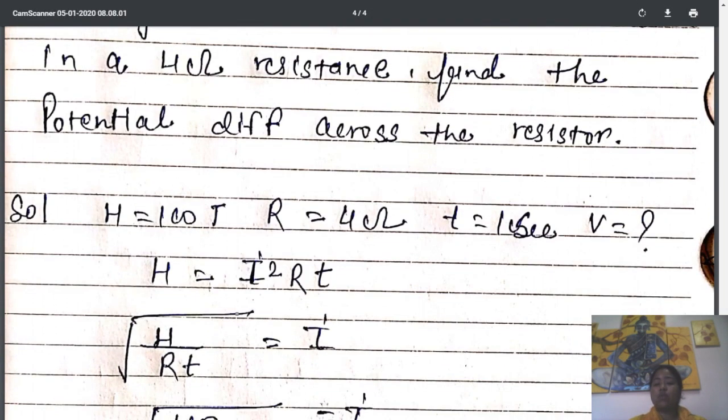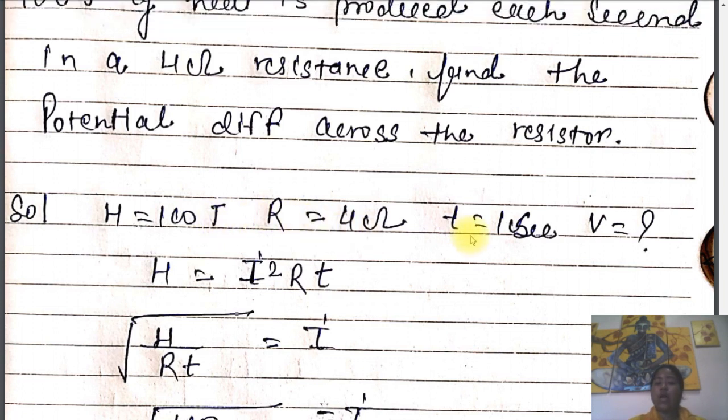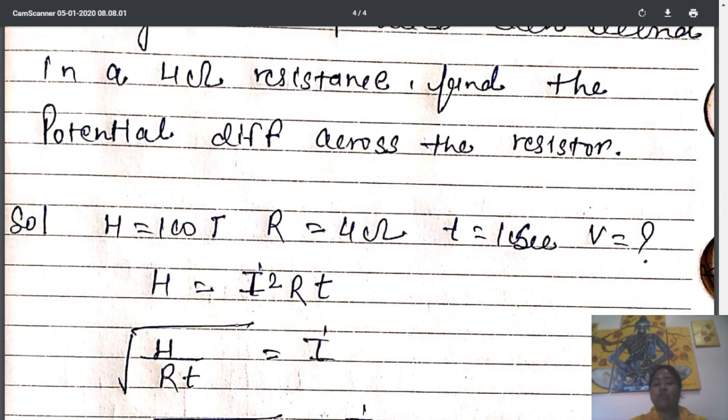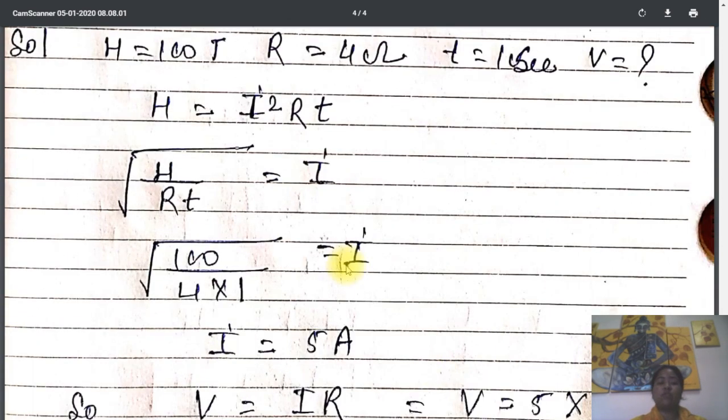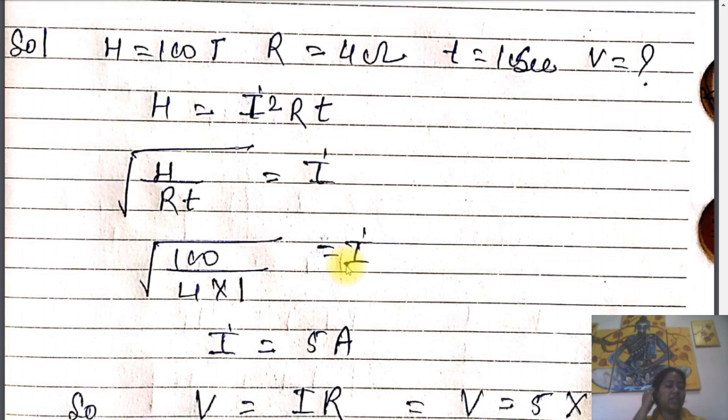The given values are H, R and T, and to calculate V we have to find the electric current and the resistance. Firstly, we calculate the current by the formula of Joule's law of heating, H equals I square RT. Simplifying in terms of I, we get I equals under root H upon RT. Placing all the values, we get the electric current as 5 ampere.